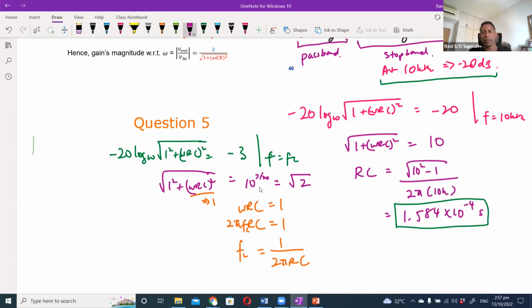Since we know that the RC value is this, we can straight away substitute 2 pi times this value over here, 1.584 times 10 to the power minus 4, and you will get an answer of 1 kilohertz.